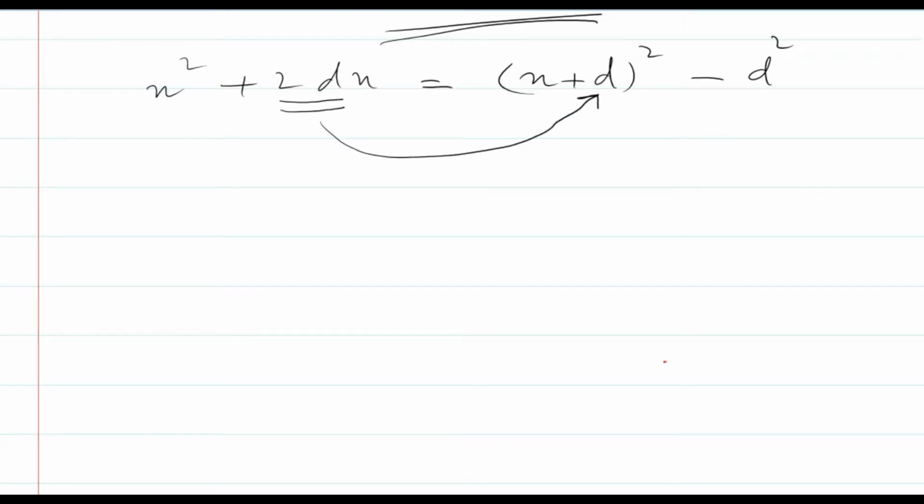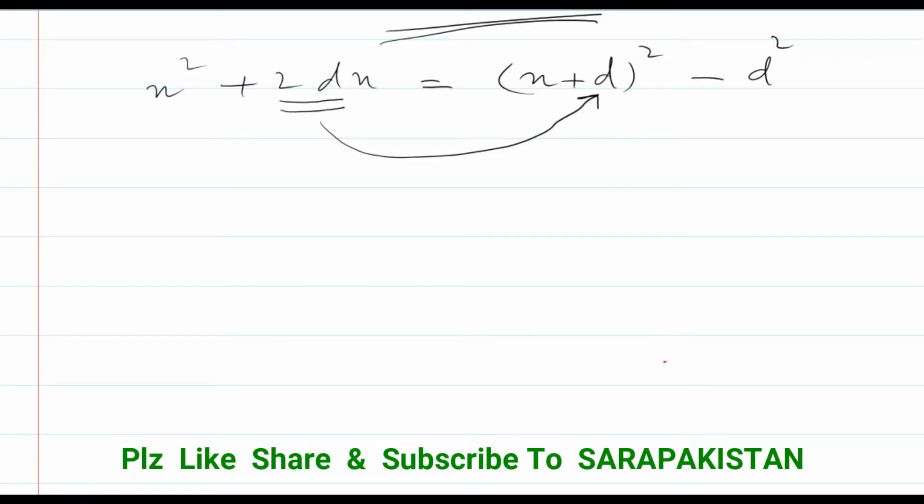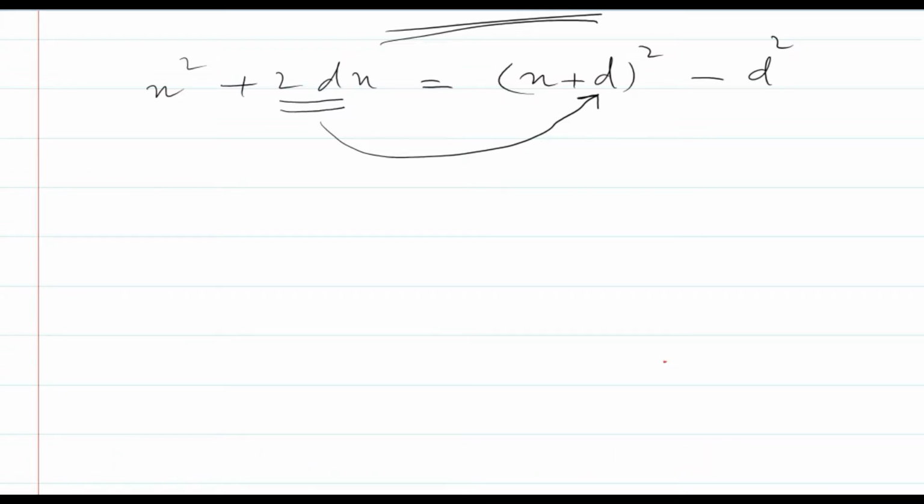It means we have used half of it. If you have something here, you will use half of that on the right side, and then you will subtract the square of that on the right side. For example, if you have 4 here, you will write 2 here and then square of 2 here. If you have 10 here, you will write 5 and then square of 5 here.